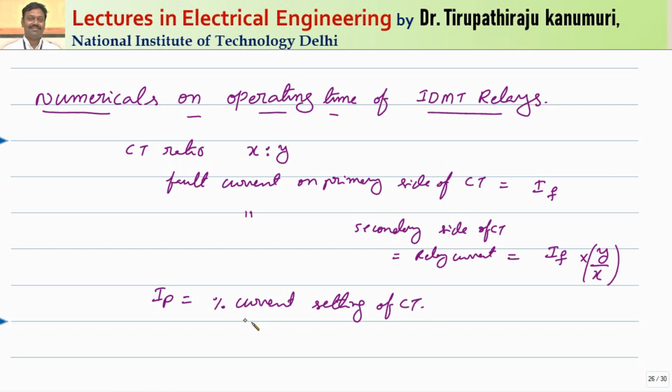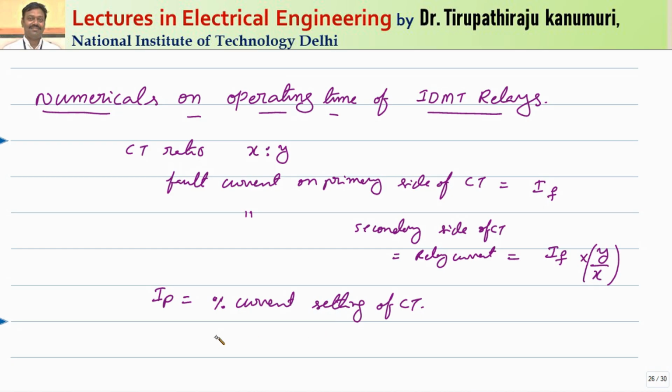We have seen in the last class, this IP will vary from nearly 50% to 150%, or even up to 200%, in steps of 25%. Generally this is the standard. Generally 7 taps are provided, starting from 50% and increasing in steps of 25%. So I think this is clear to you.